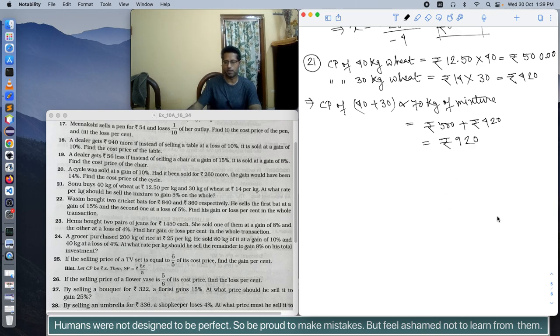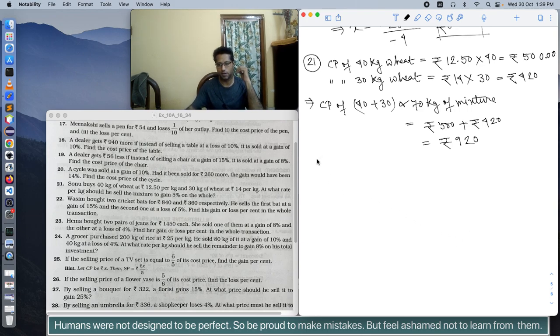So rupees 920 is the cost of 70 kg of the mixture of wheat. Okay, the question is, at what rate per kg should he sell the mixture to gain 5% on the whole?